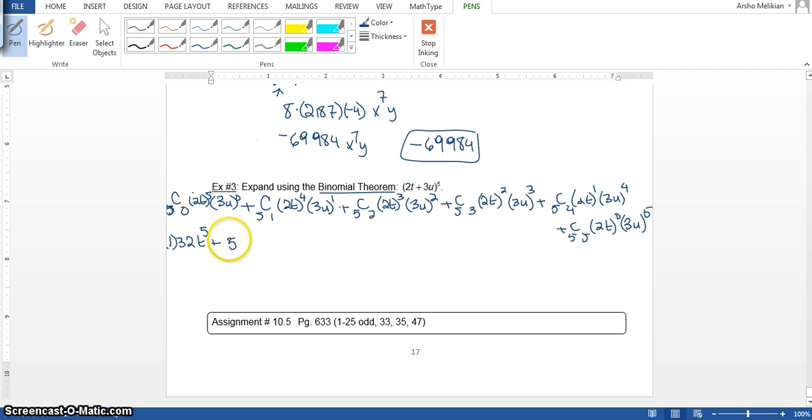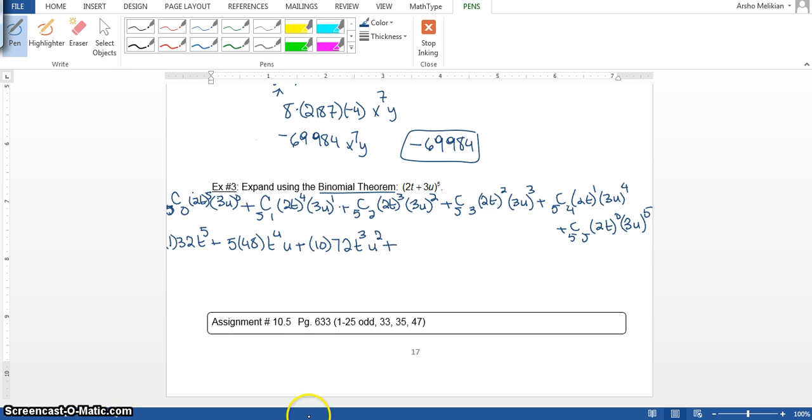Now, here I have 2 to the 4, 16, times 3. That's 48. T to the 4, u to the 1. Plus, this number should give you a 10. Times 2 cubed is 8. 3 squared is 9, 72. T to the power of 3, u to the power of 2.